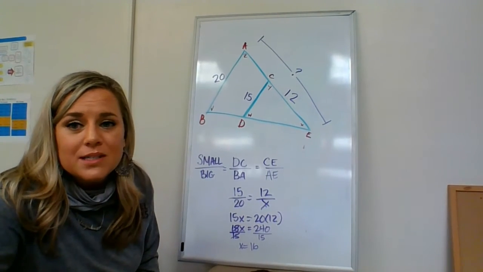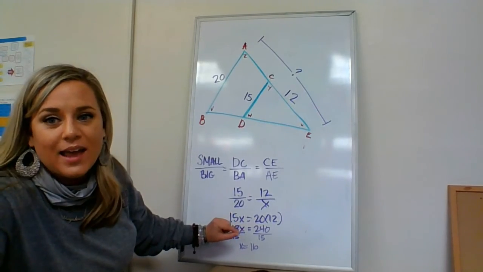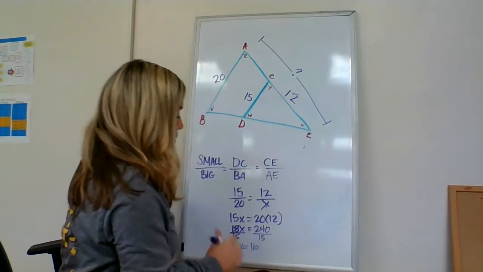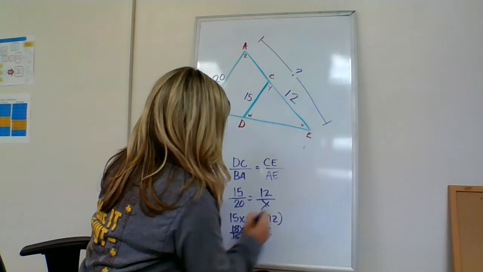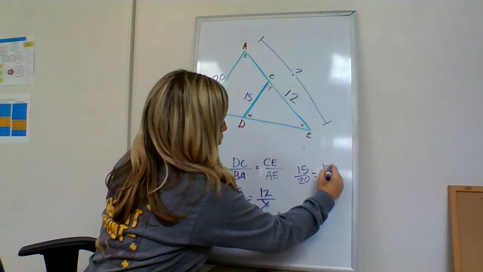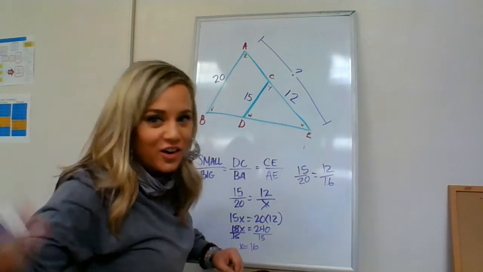I'm going to use 3 seconds of my life and make sure I got this problem right. Okay? And I'm going to do that by check yourself or you wreck yourself, girl. And how I do that is to make sure they're equal when I cross multiply. So I should now have 15 over 20 equal to 12 over 16. Let's check ourselves or we wreck ourselves, girl.